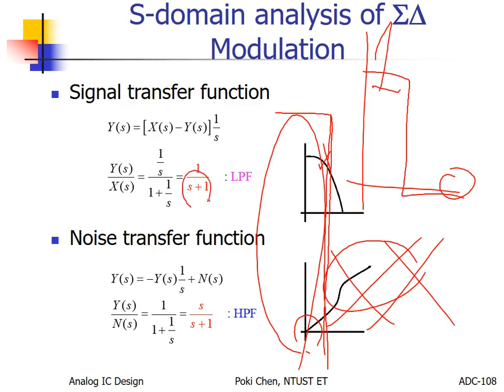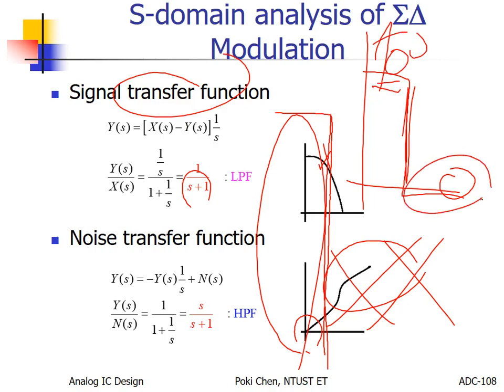If you increase the order of the signal transfer function from first order to second to third, congratulations, the transition band will become steeper. Finally, in theory, you can achieve this. In band, 100% passed. Out of band, 0% passed. That is what we want.